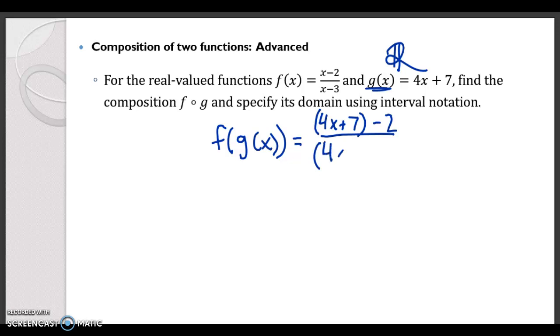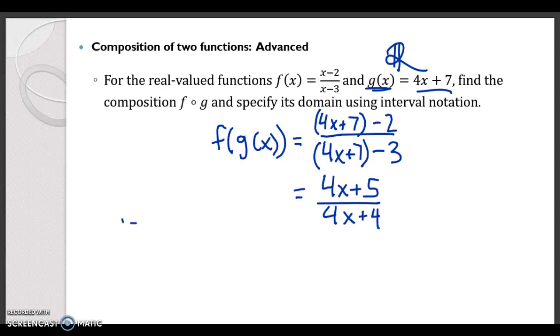So 4x plus 7 again, because that's g of x, now minus 3. So the second part of finding the domain is to simplify this to 4x plus 5 over 4x plus 4, since 7 minus 3 is 4, right?